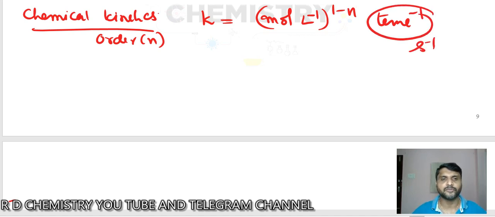You put the n value equal to 0, 1, 2, 3, and you'll get the unit of the rate constant K here, correct? So n stands for the order of the reaction, right?